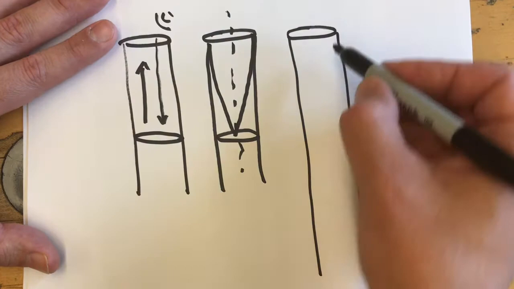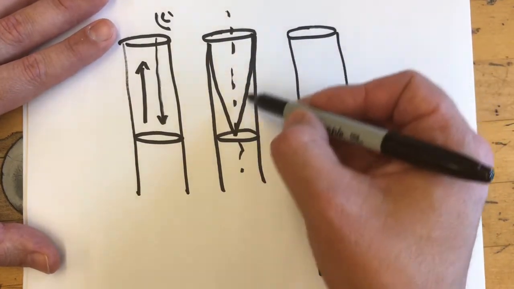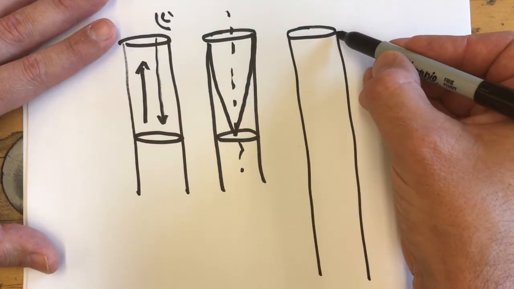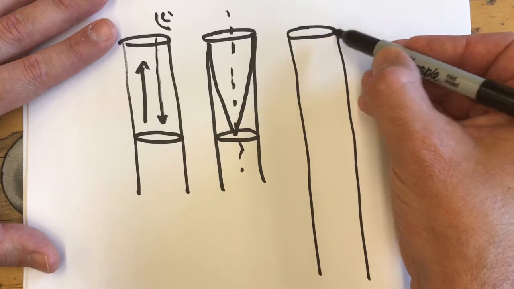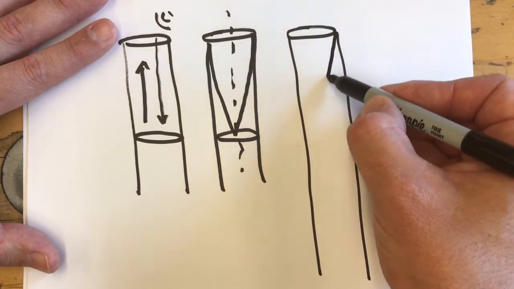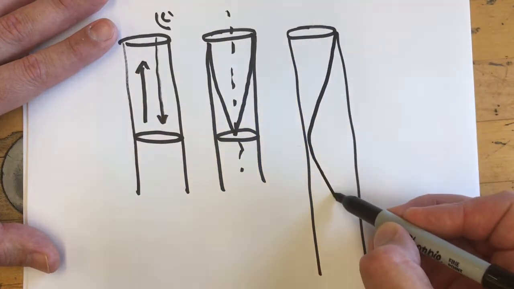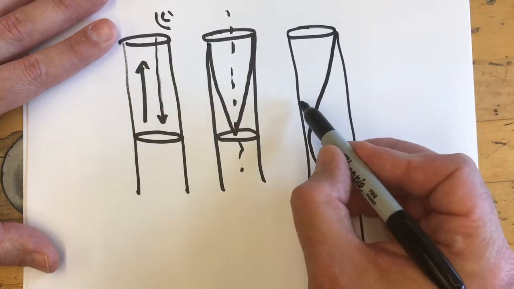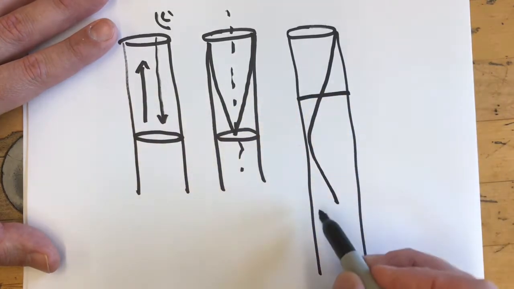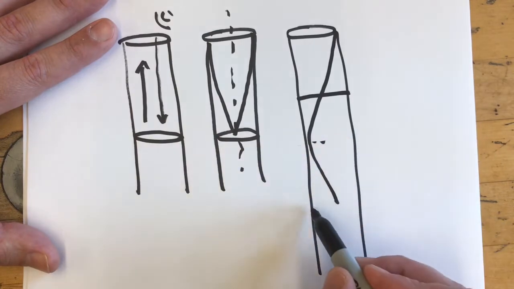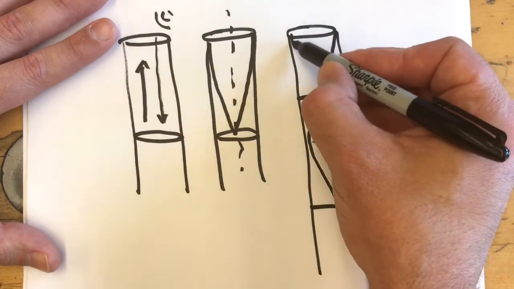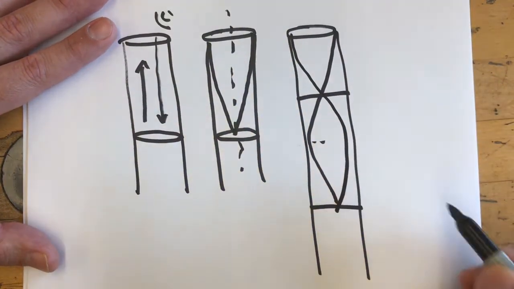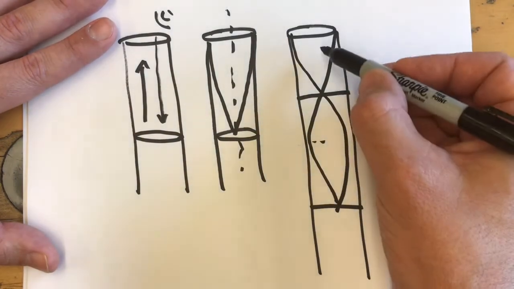So that might look like this half wavelength. It might look like this, where you have basically 1.5 wavelengths. So that's like a full wave and a half wave.